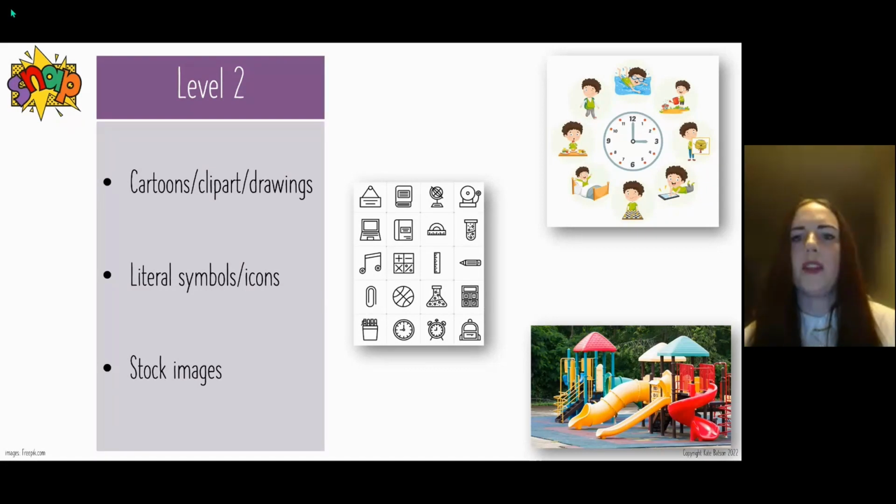So when they look at that, they might go, well, that's not me. Or if it's a stock image of a playground, that might be the playground I'm expecting to go to. And when I go to one that doesn't have that amazing red curly slide, that might make me feel overwhelmed or unsure or get distressed. So we've got to know that they just represent a real activity or a real place, but aren't the actual thing itself.